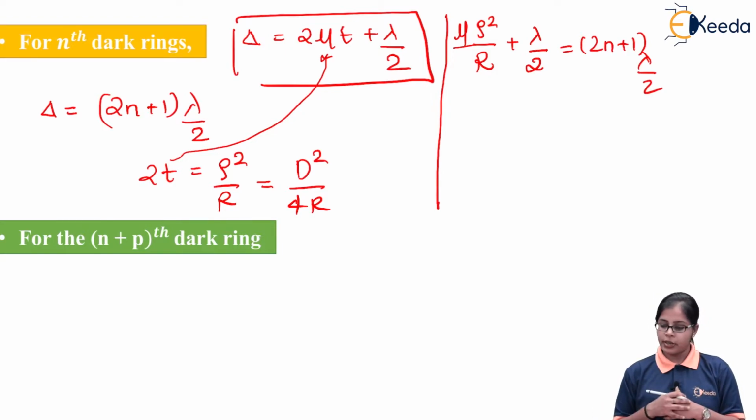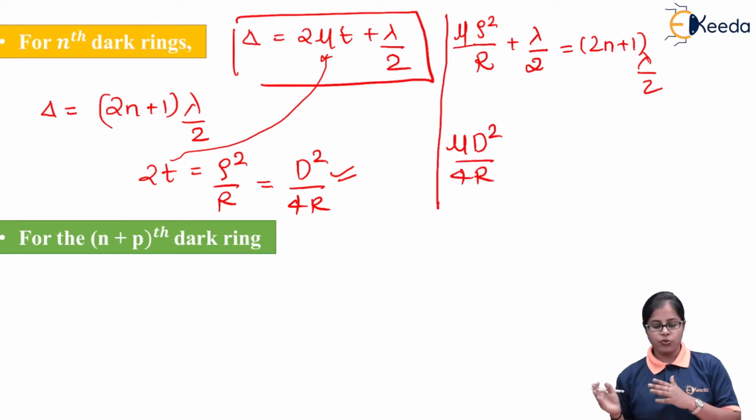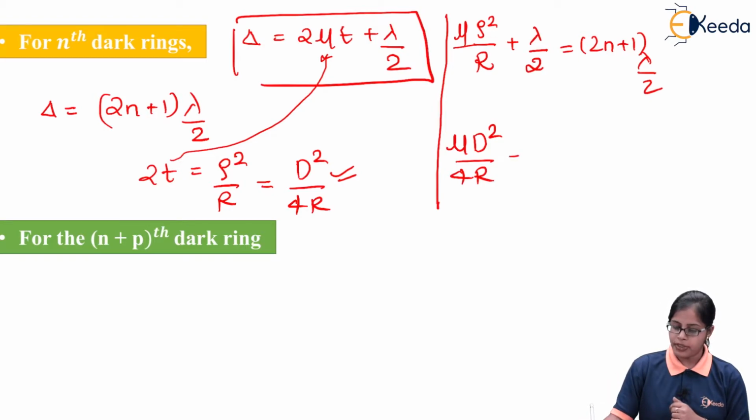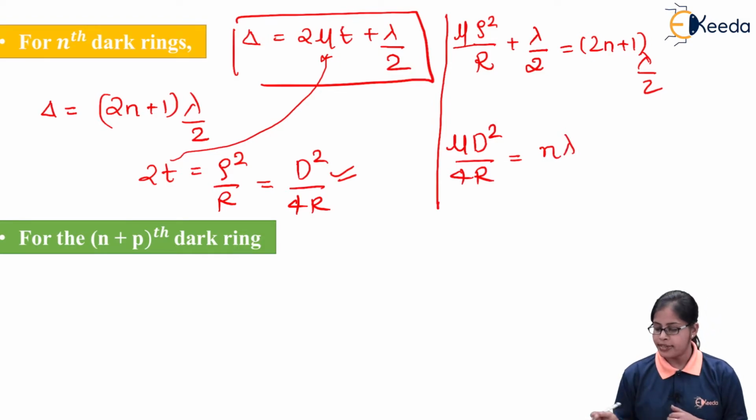Now if we solve this equation, we can write this rho as this term. So we can get this as mu d square by 4r, and if lambda by 2 is taken on that side, we are going to get the term n lambda. So the only term which is pending is n lambda.